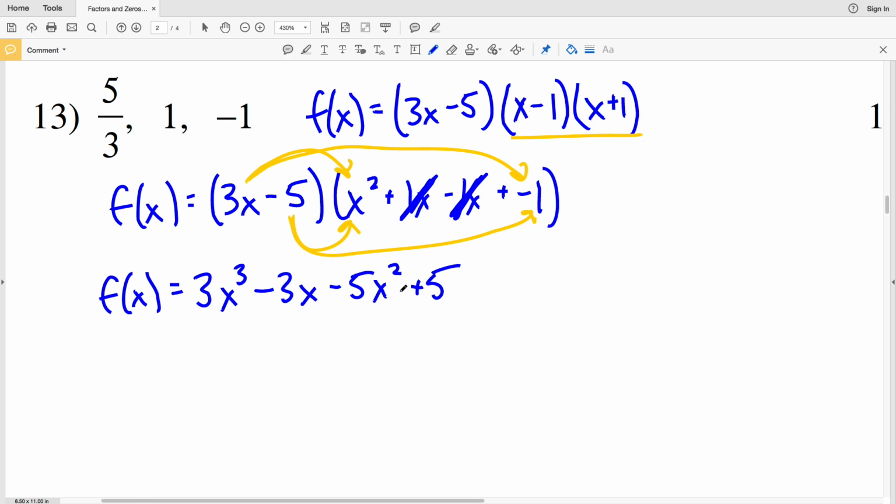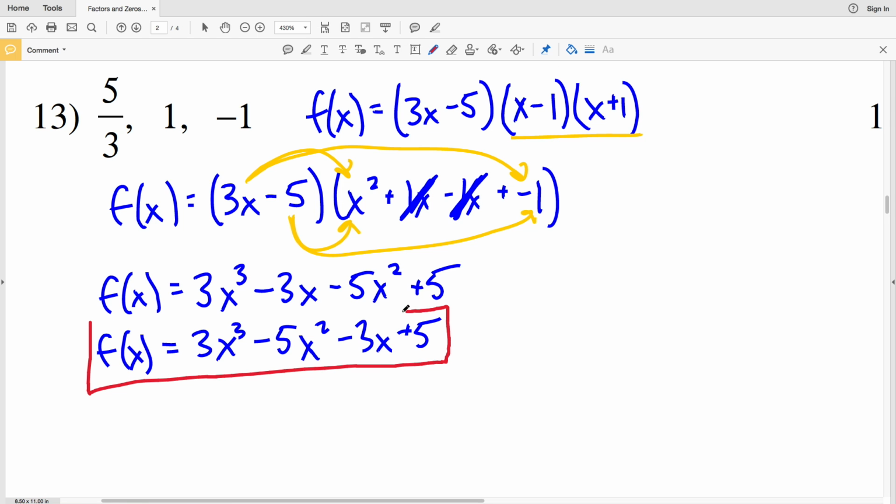So I'm going to rearrange this so that my degrees are in order. So I'll have f of x equal to 3x cubed minus 5x squared minus 3x plus 5. And that's my solution in number 13.